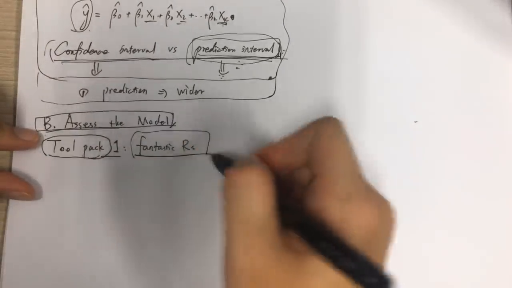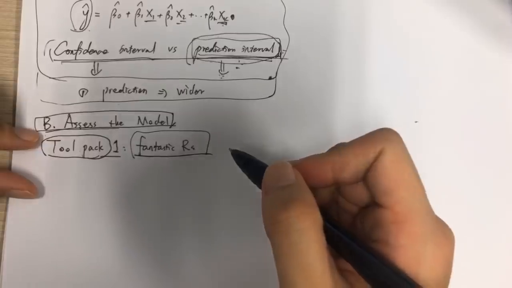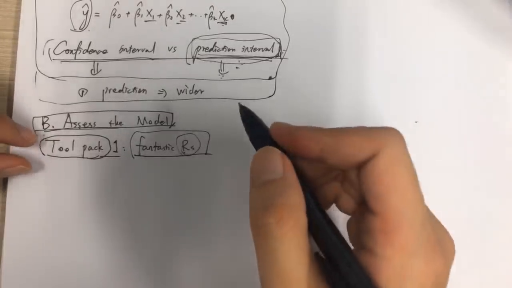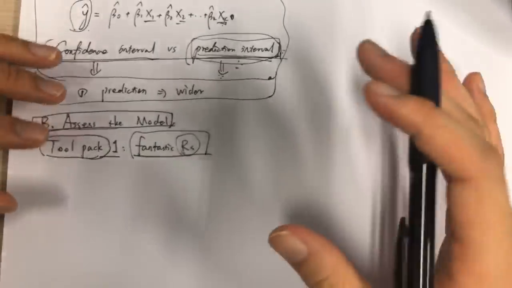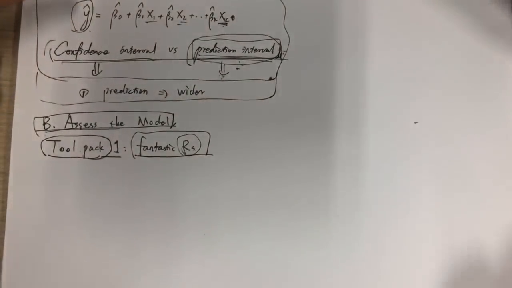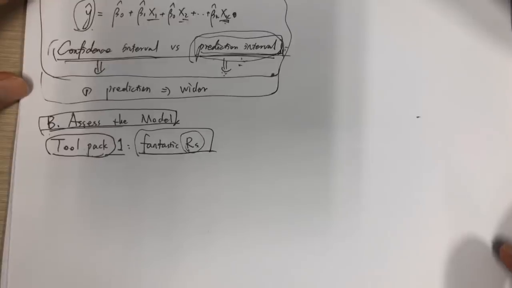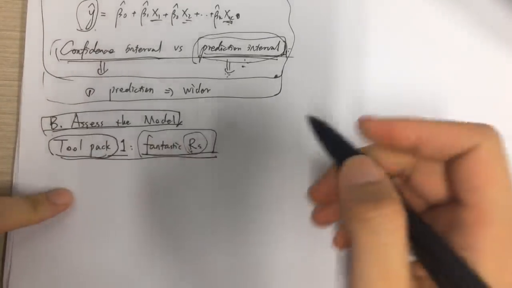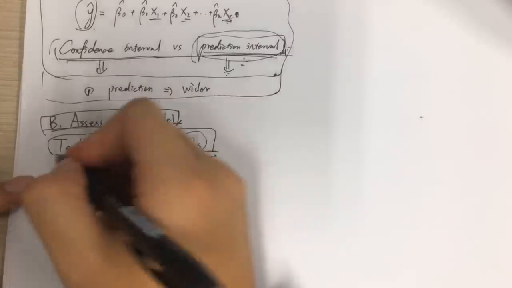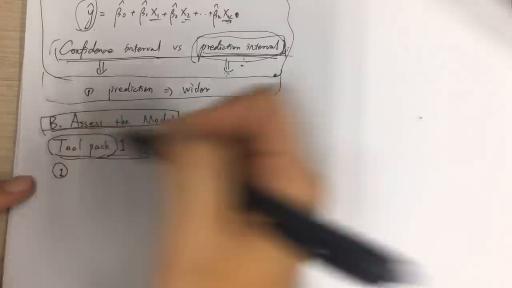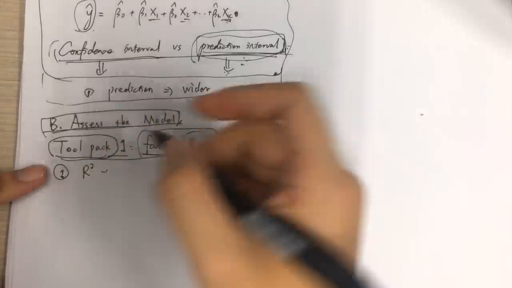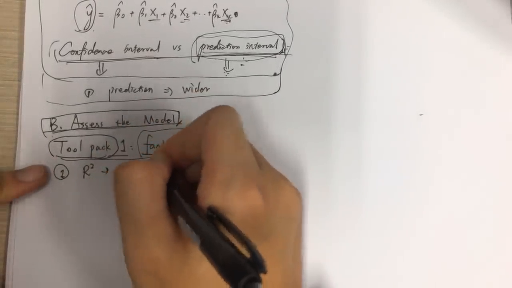But some of you, if you have reviewed this, may have noticed it must be R square, something like that, right? So in assessing the model, toolpack 1, fantastic R's, the first tool is called R squared, or it's called coefficient of determination.